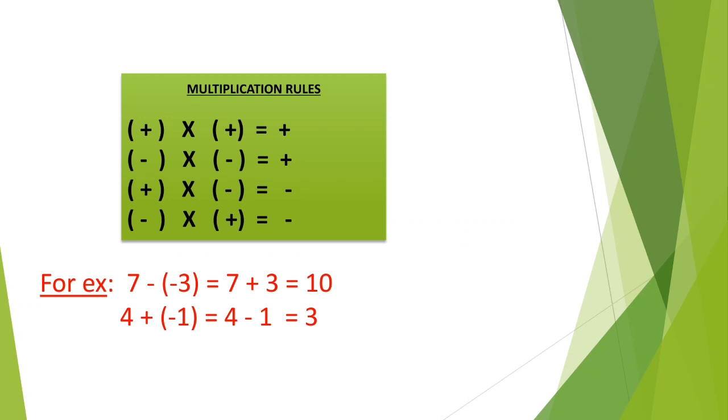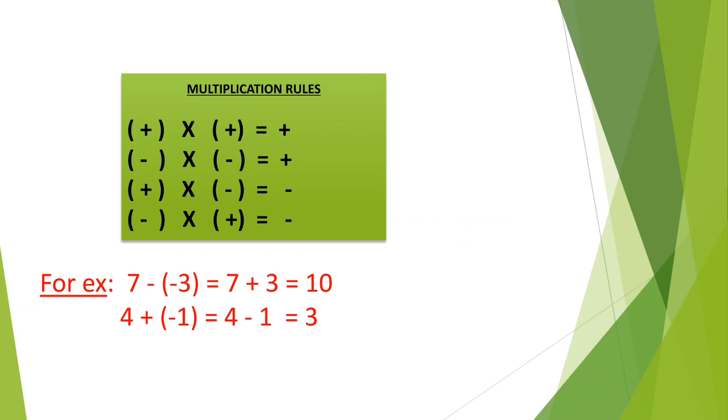Next, we are moving to multiplication rules. You want to remember it. Plus multiply plus, minus into minus. When you are having the same sign, we will get plus. When we are multiplying the same sign, we will get positive.